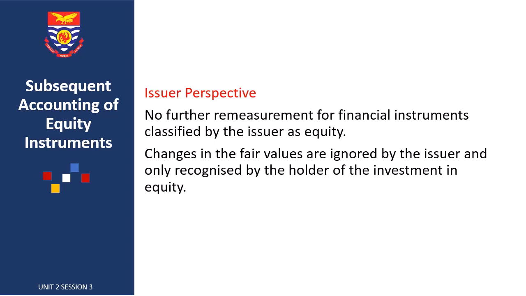Changes in the fair values are ignored by the issuer and only recognized by the holder of the investment in equity. So you, the issuer, after the initial measurement, even if there is a change in fair value, you can't do any further remeasurement. That will be done at the end of the acquirer, the holder of that equity instrument.